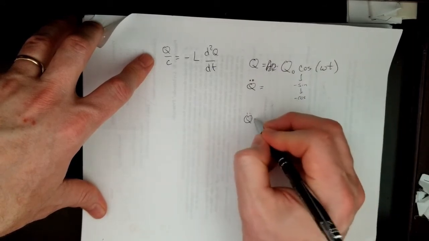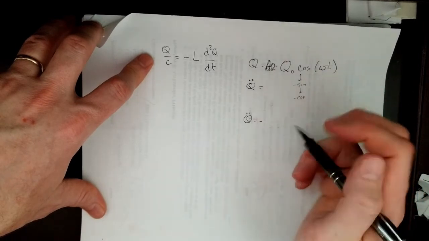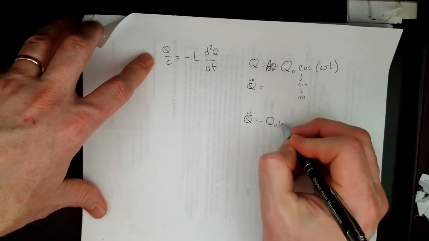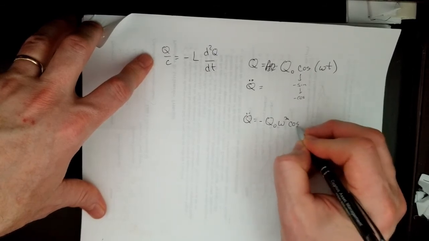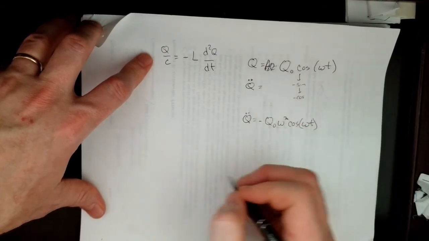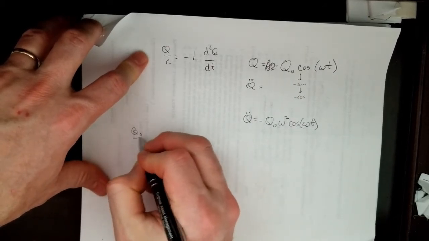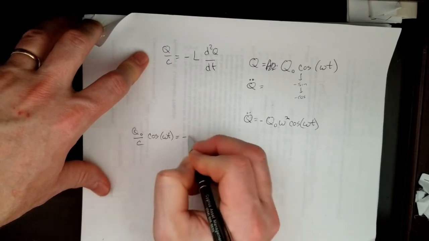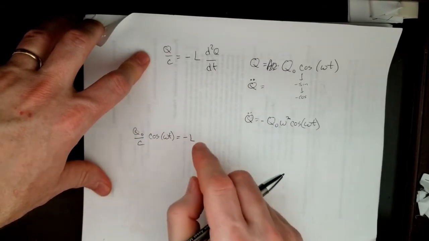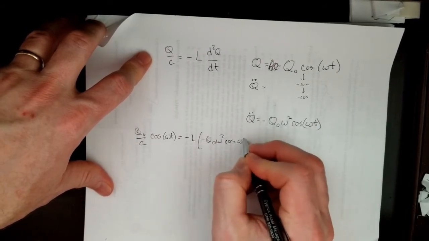So Q double dot is equal to negative Q sub naught omega squared cosine omega t. And so this now becomes Q sub naught over C times the cosine of omega t is equal to negative L times negative Q sub naught omega squared cosine omega t.